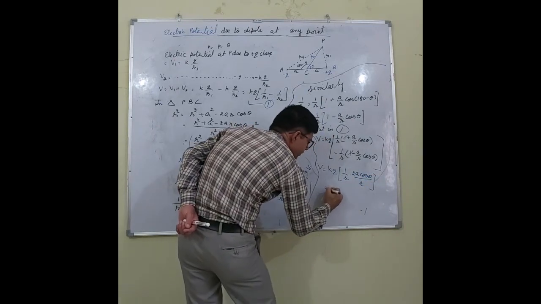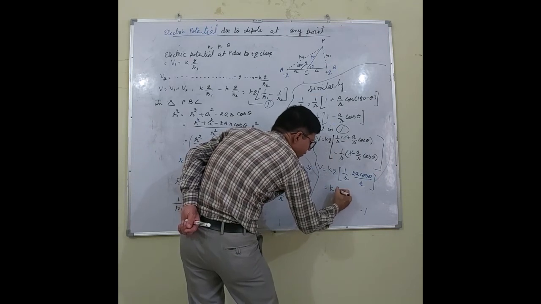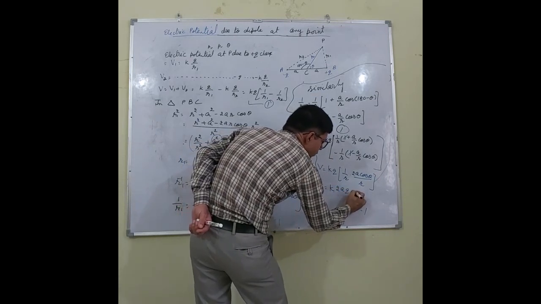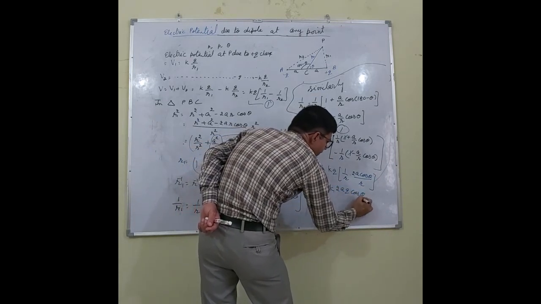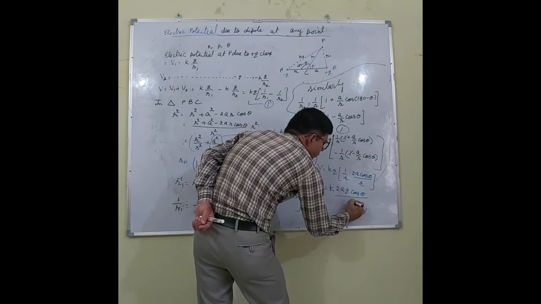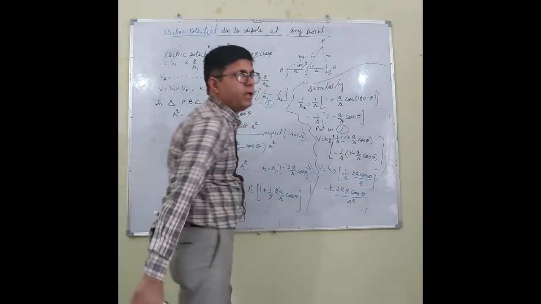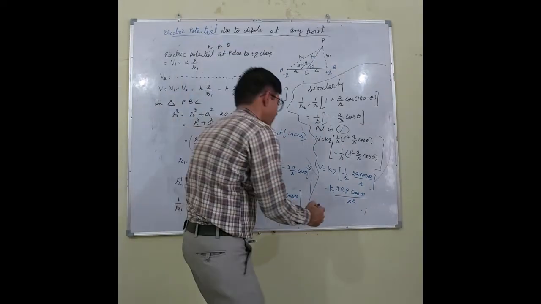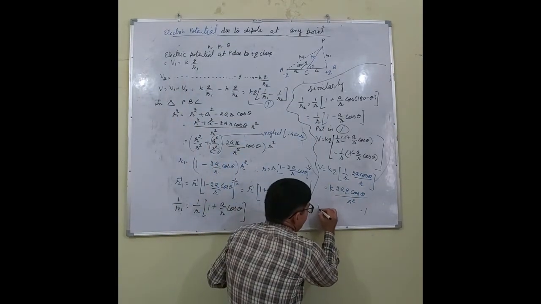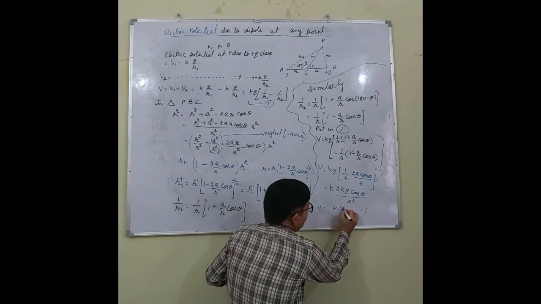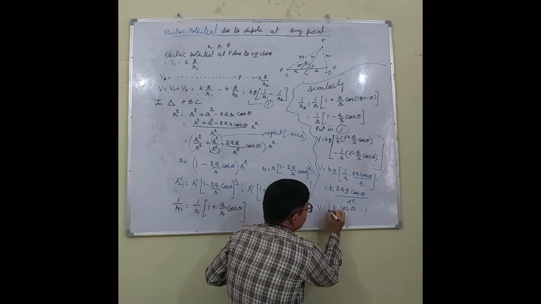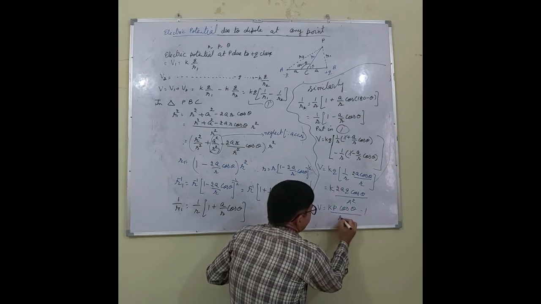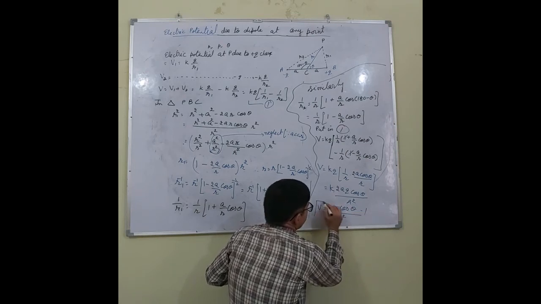So what is the answer? K times 2aq cos theta by R square. And what is 2aq? It is p. So I can say V equals k p cos theta divided by R square.